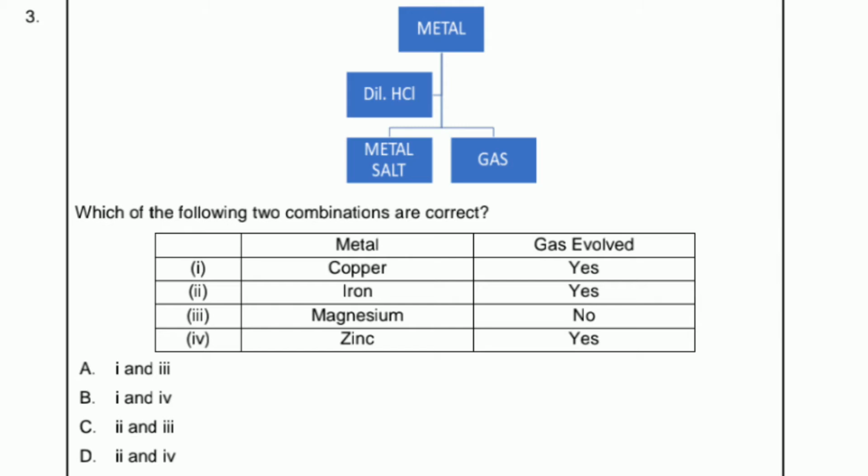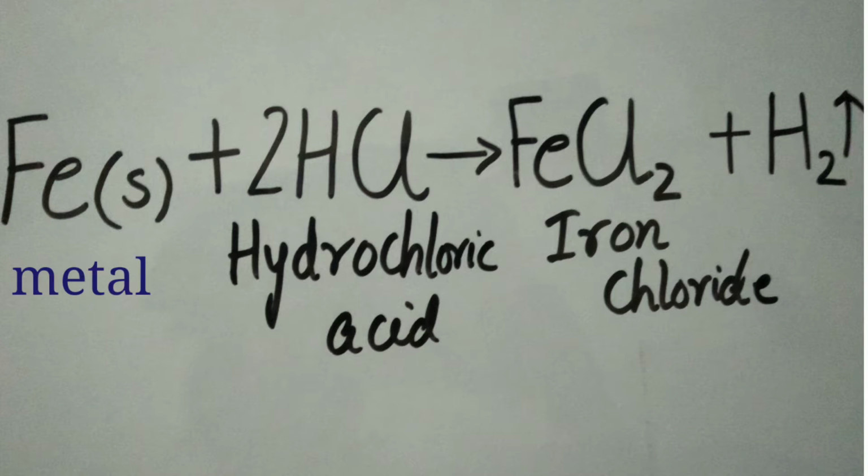Now question 3. Metal and dilute hydrochloric acid give metal salt and gas. Which of the following two combinations are correct? Let us consider iron, metal, and write the equation for the reaction.